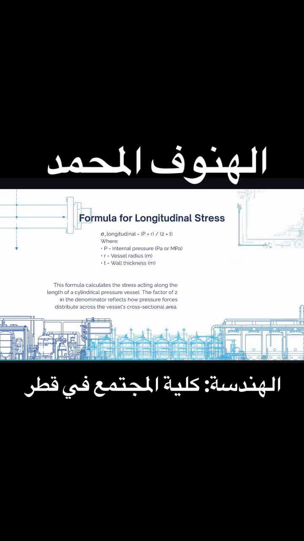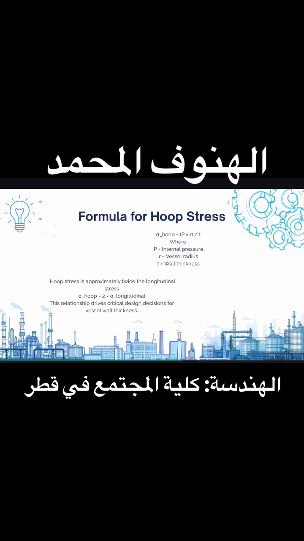Formula of longitudinal stress. This formula calculates the stress acting along the length of the cylindrical pressure vessel. The factor of 2 in the denominator reflects how pressure force is distributed across the vessel's end area.